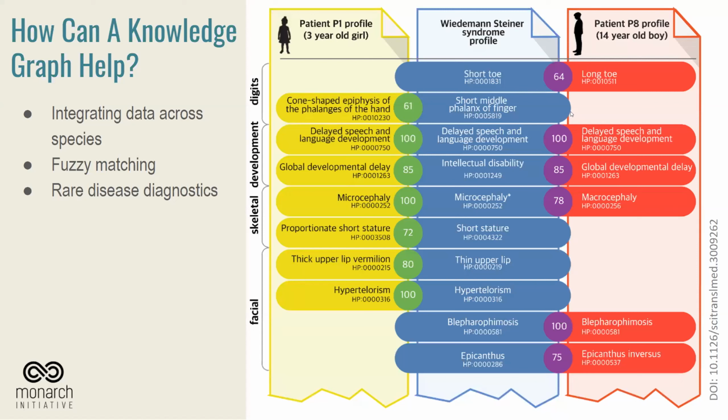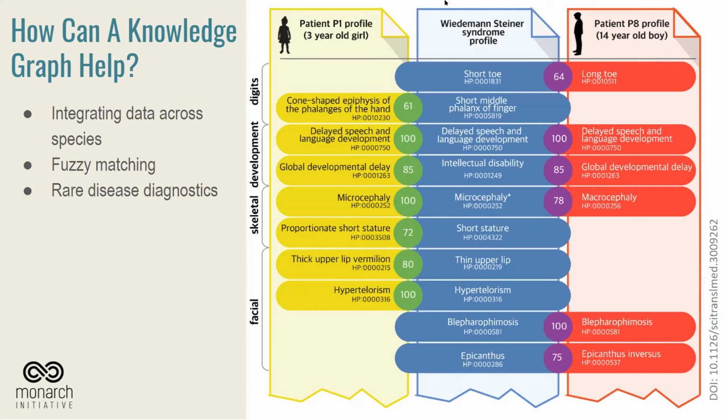But we were able to help them get their diagnosis of Wiedemann-Steiner syndrome by using the graph and doing something called fuzzy matching. This is where we can take groups of phenotypes, like a patient profile, and compare it to a disease profile using something called semantic similarity analysis. This is made possible by the structure of the knowledge graph and the structure of the ontologies that underlie it.